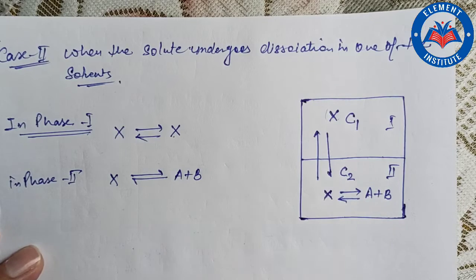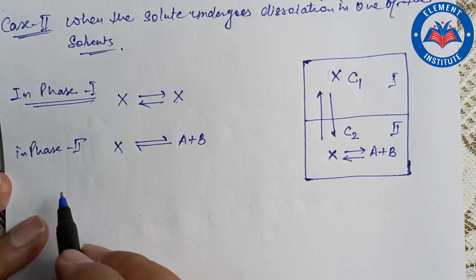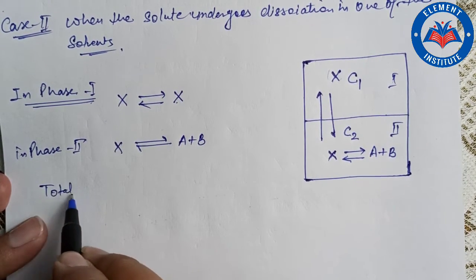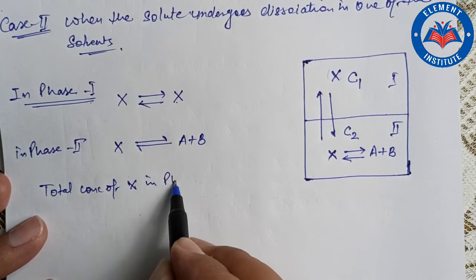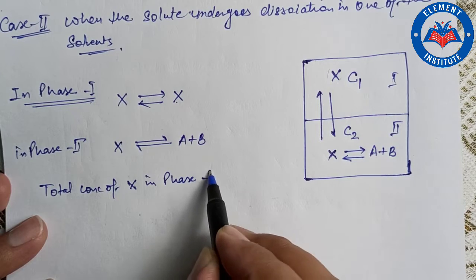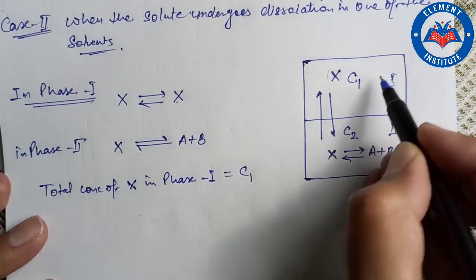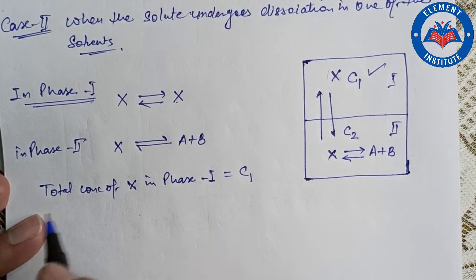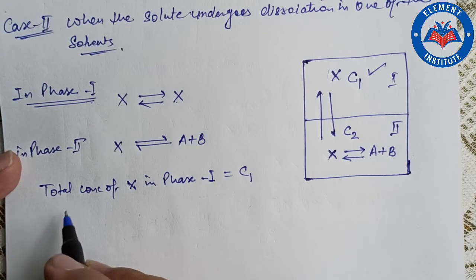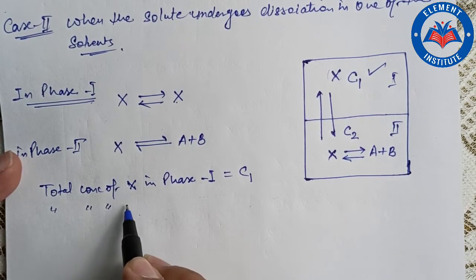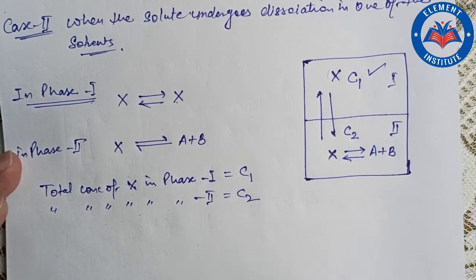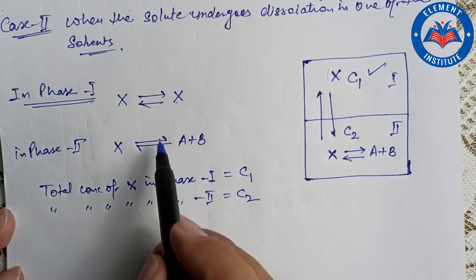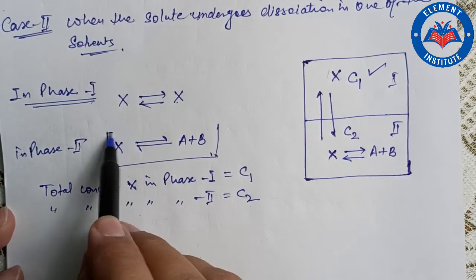As we have considered, the total concentration of X in phase 1 is equal to C1, and the total concentration of X in phase 2 is C2. Now take this equilibrium.